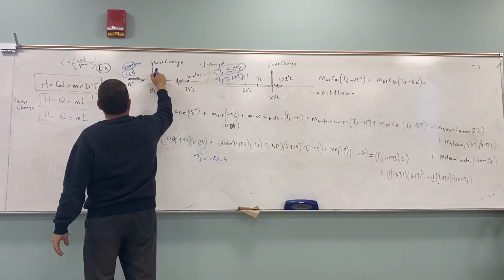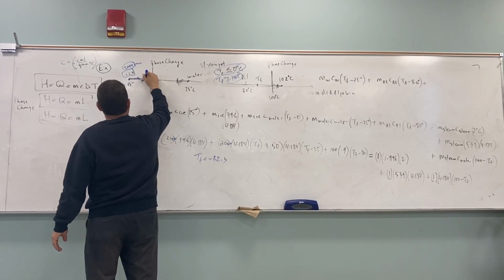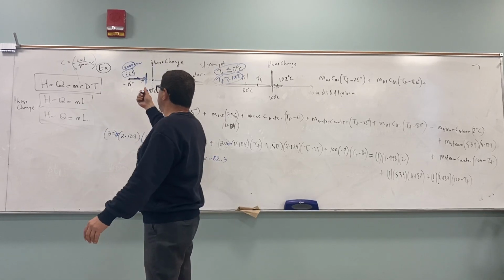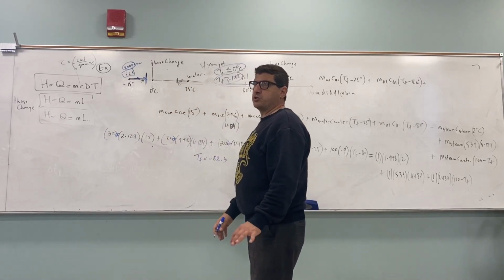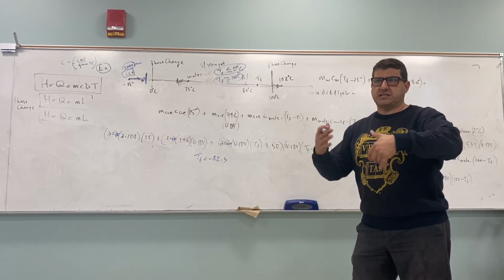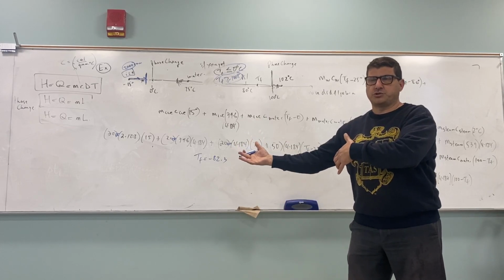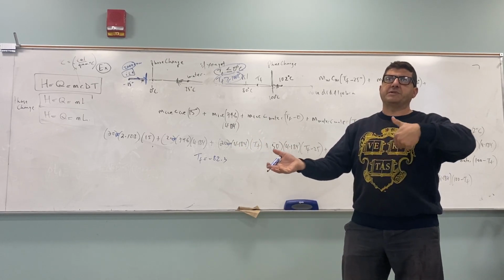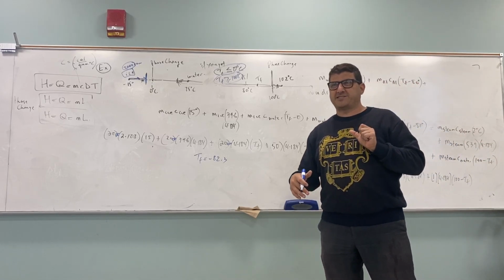So assume it doesn't reach 0. It slightly warms and reaches somewhere here. You first assume that it doesn't reach 0, and then see if you get a reasonable solution. And if that doesn't work, then that means it reaches 0 and some of it melts.